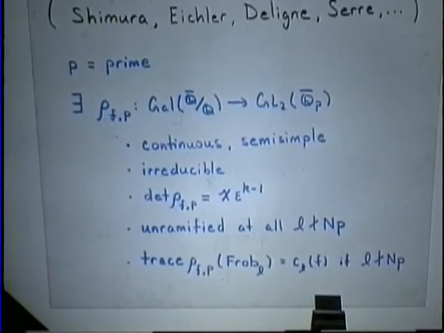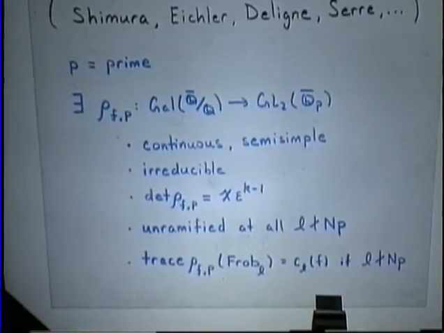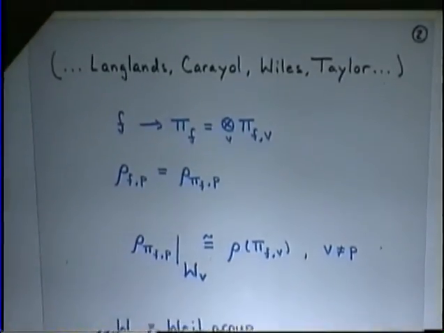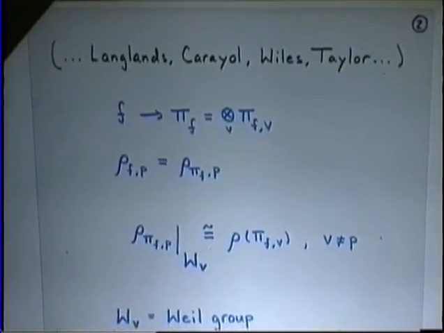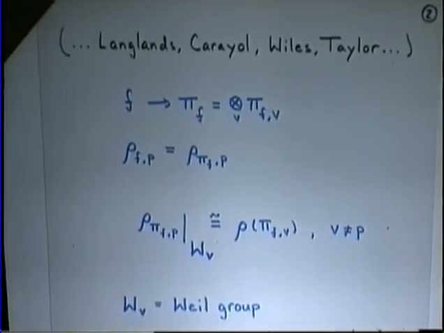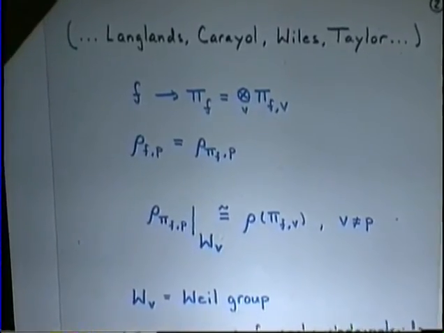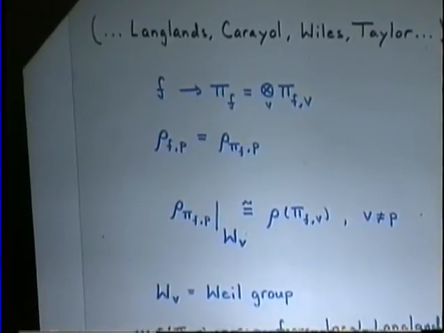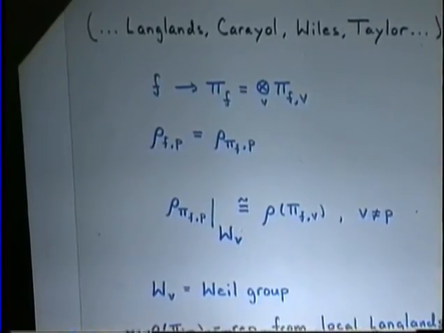Since this is a conference on automorphic forms and automorphic representations, we can reformulate this in jazzed up language, a refined version of what was just stated. Here we have to appeal to works of a few other mathematicians, Langlands, Carayol, Wiles, Taylor, and others.